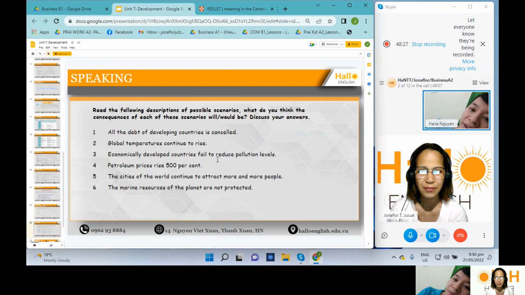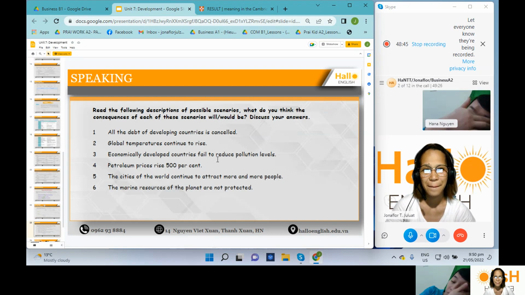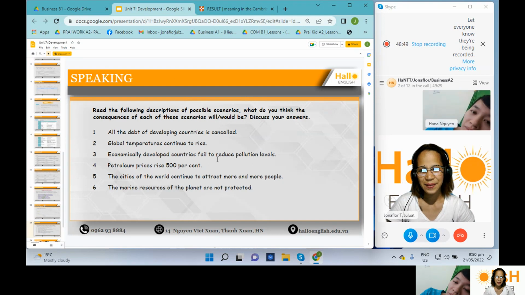All the debt of developing countries is canceled. What will be the consequence if all the debt of developing countries is canceled? What will happen, or what's the effect?